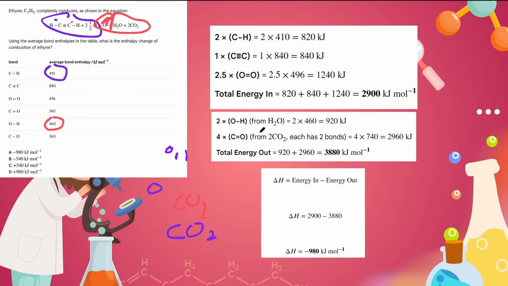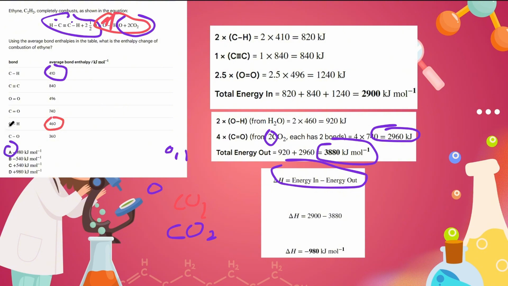Since it's a double bond, and we have two of C and double bond O, and it has a coefficient of 2, we have to times it by 2 again, making it 4. And then this is the answer, and this is the total of this one here. And then you just do this. This is the enthalpy: energy in, energy out. Make it 2,900 minus 388, making it minus 9080, which is the answer A.